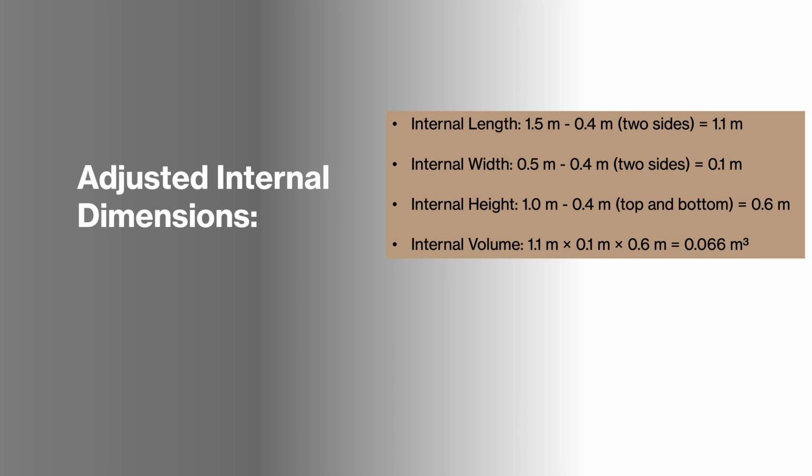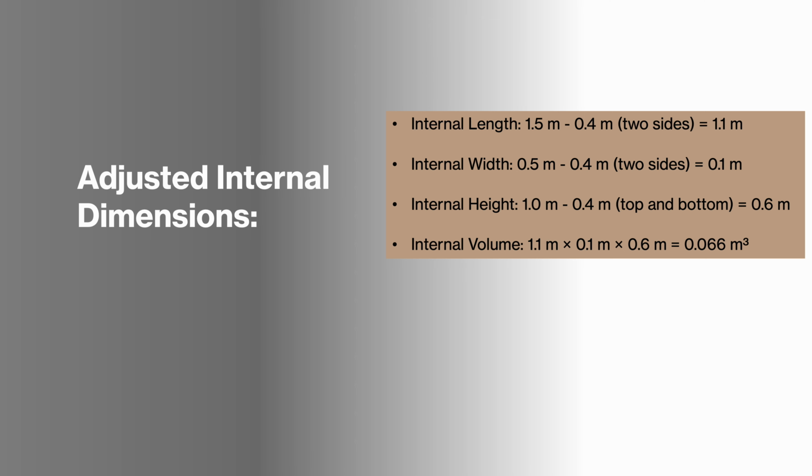Now we want to calculate the maximum depth that this submarine can achieve. So first we need to calculate the internal length, internal width, internal height, and ultimately internal volume.